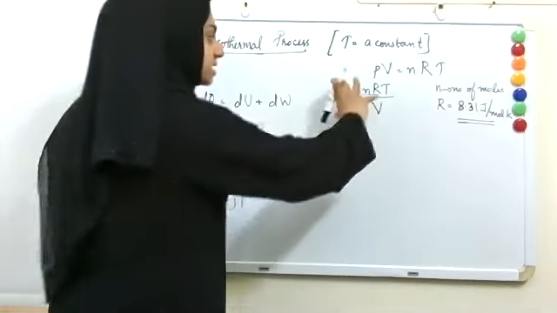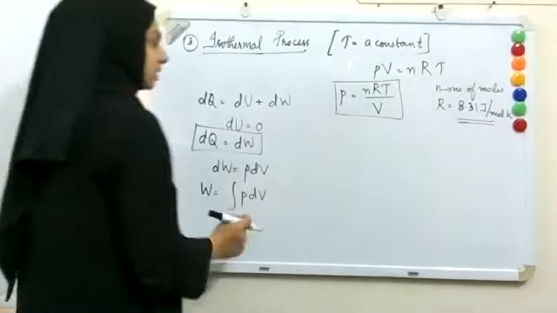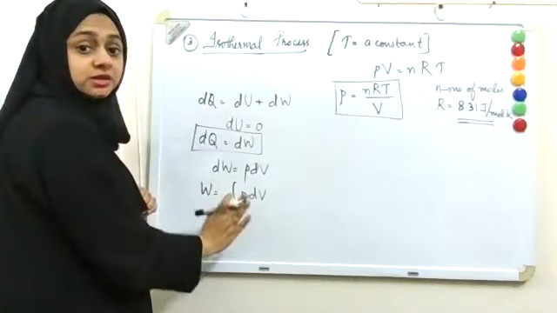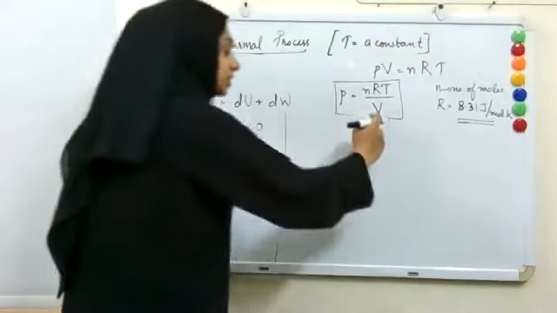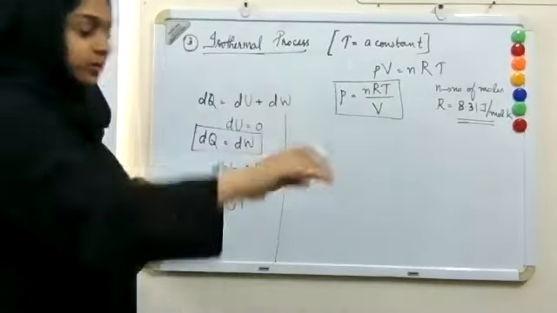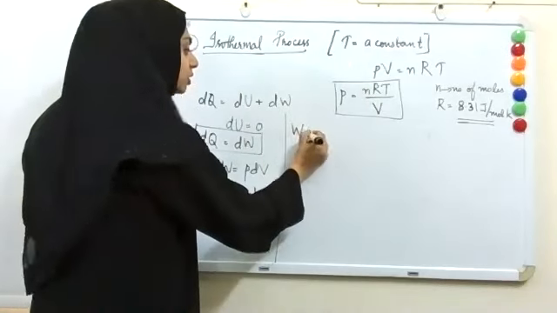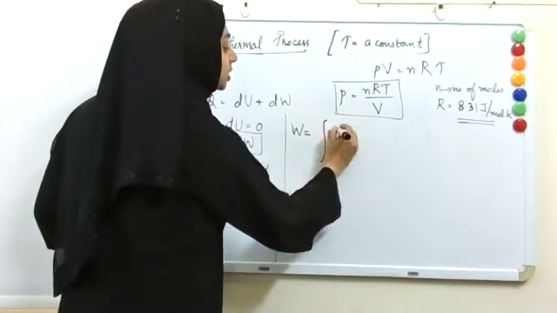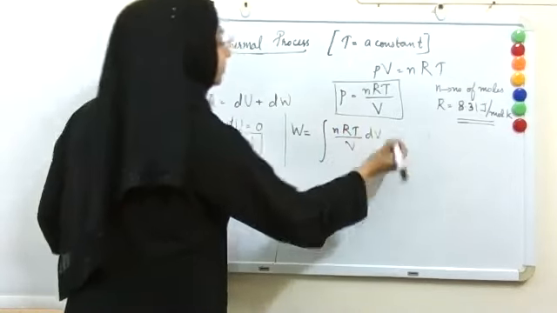So let me put this expression here for pressure, because I cannot take pressure out of the integral. It's not a constant. It depends upon volume. As we saw in the indicator diagram, it varies with volume inversely. So here W is equal to, now I can integrate, and instead of pressure, I'm putting nRT by V into dV.